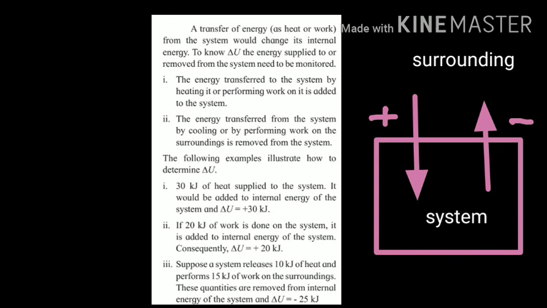Also work is done by the system on the surrounding. That is why they have added up the two quantities, which is 15 kilojoule and 10 kilojoule. Because it is given out by system to the surrounding, it is going to have a negative sign. So observe the red arrow here. Since it is going from system to surrounding, it will have a negative sign.